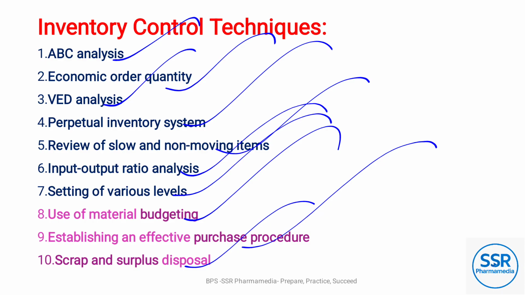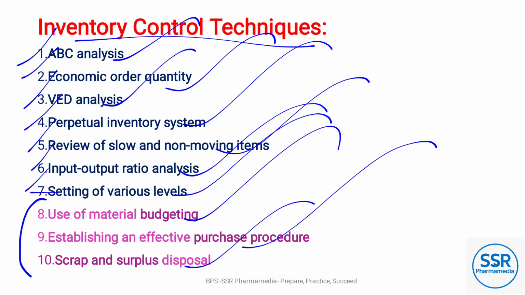We have already discussed setting of various levels, up to 7 techniques. These are the last topics: use of material budgeting, establishing an effective purchase procedure, scrap and surplus disposal. Today this series is completing.